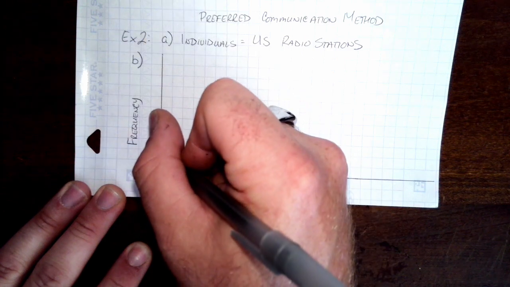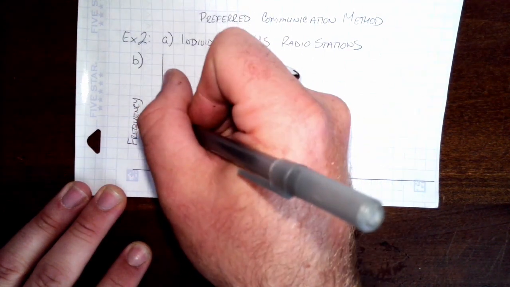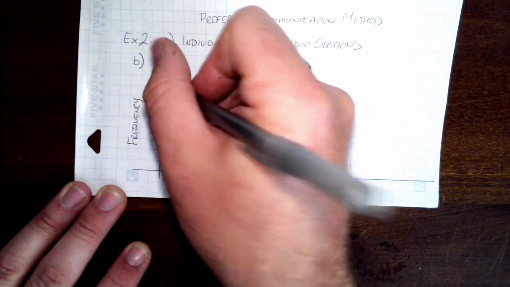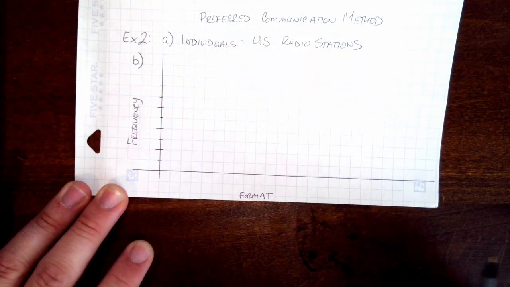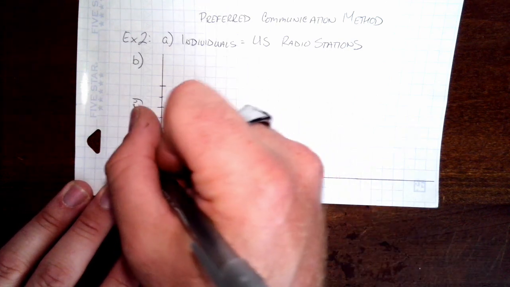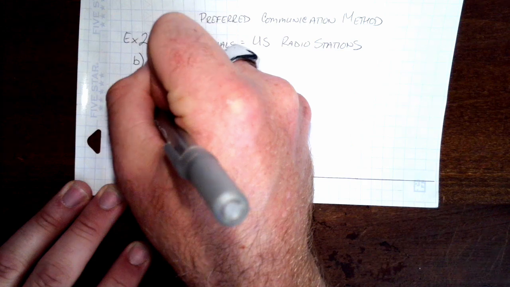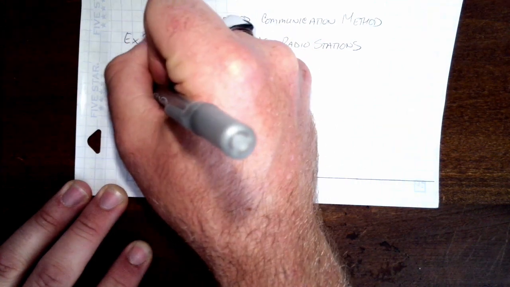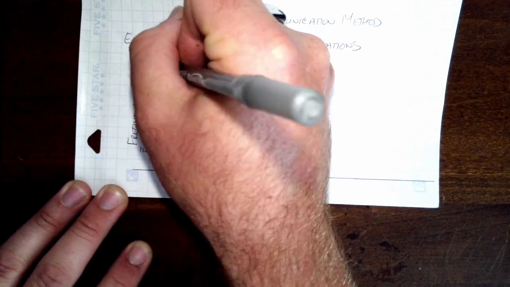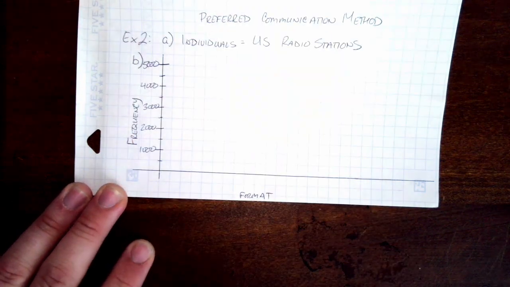So if I count by 500s, 1,000, 2,000, 3,000, 4,000 would get me to about there. And that looks pretty good to me. And let's go all the way up to 5,000 so that we know that will fit.